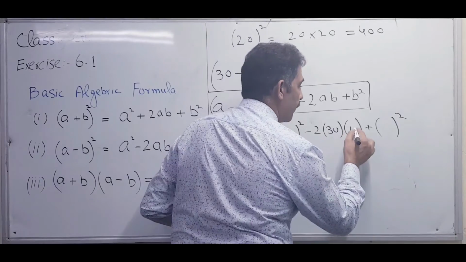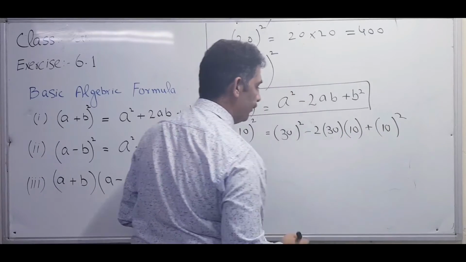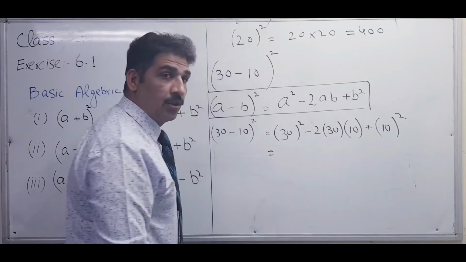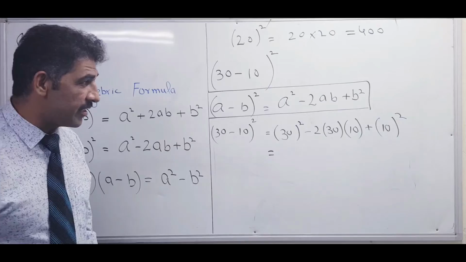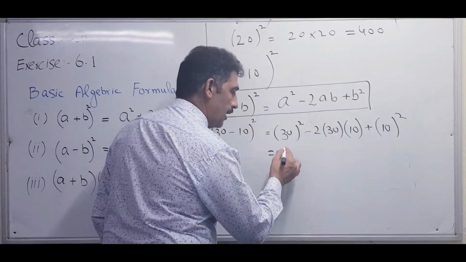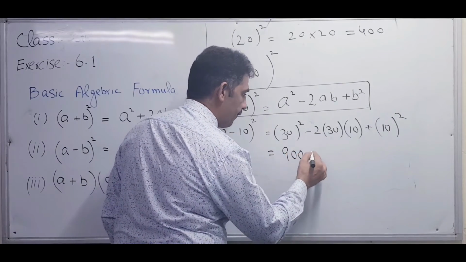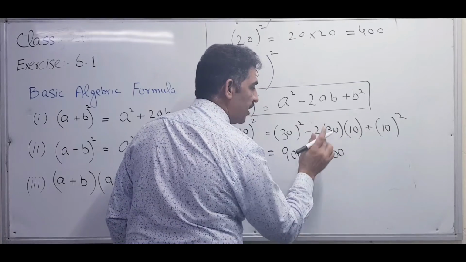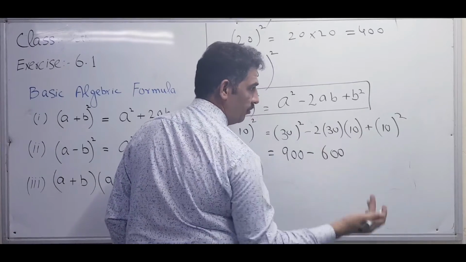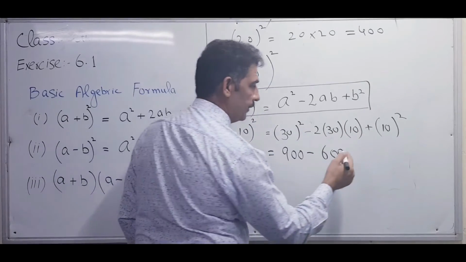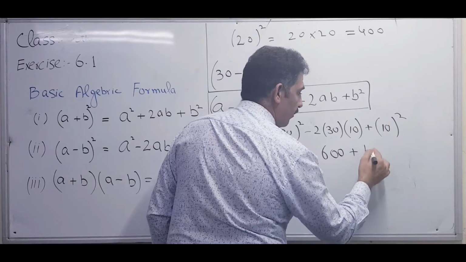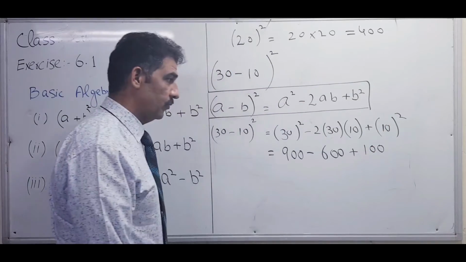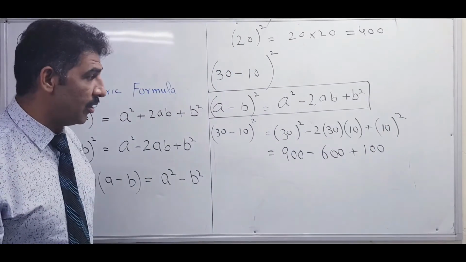Good. 10 and 10. So 30 square. What is 30 square? 900. Okay. 2 0 same and 2 3s are 6. Shortcut rule of multiplication. 10 square is 100. Now we have to start to solve.